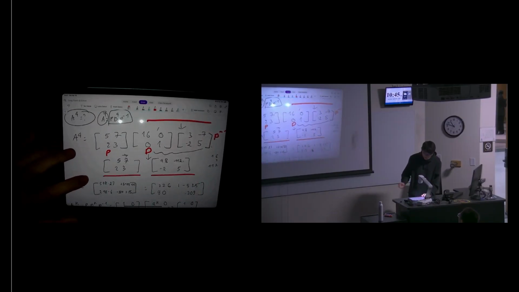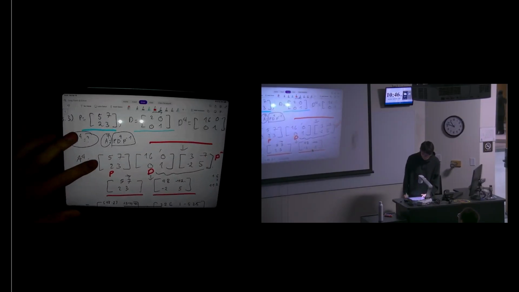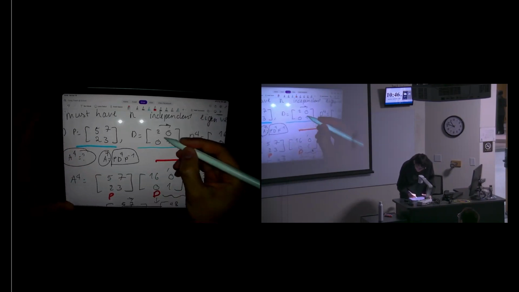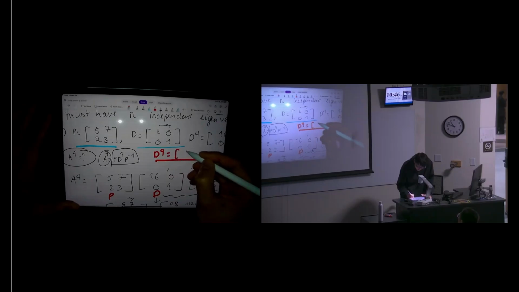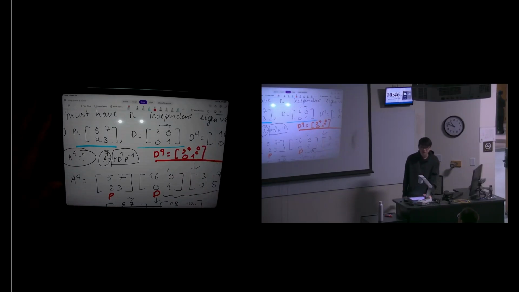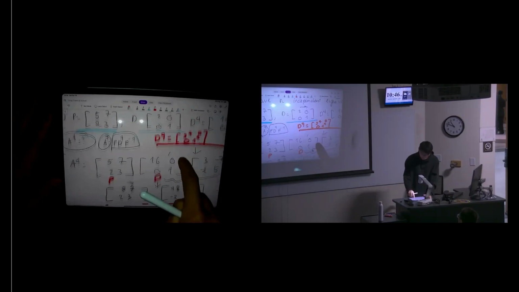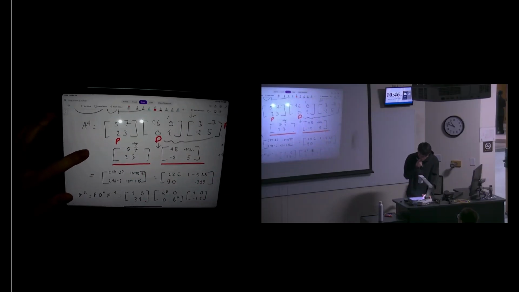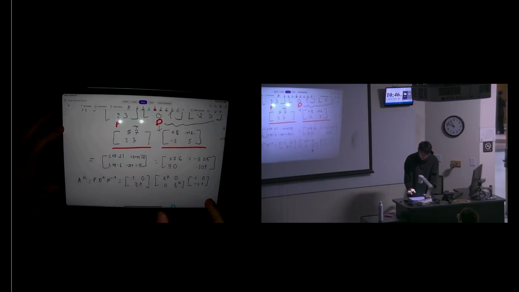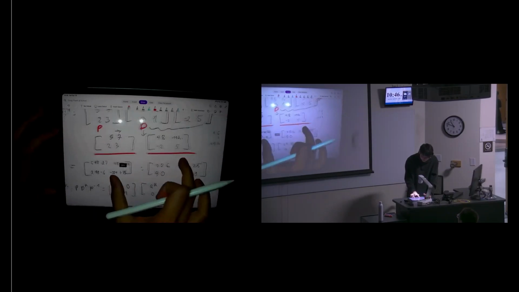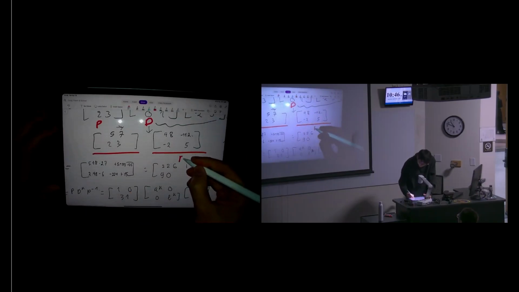Once you can compute that, and also this is my D, right? D to the 4th is just 2 to the 4th, 1 to the 4th, 0, 0. So that's straightforward. You do the multiplication right here, and that would get us, so now here is my P, D to the 4th, P inverse.